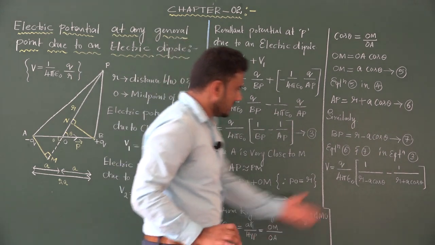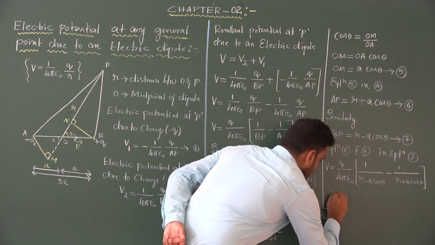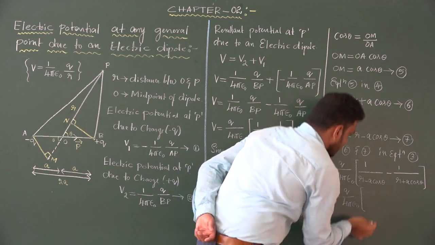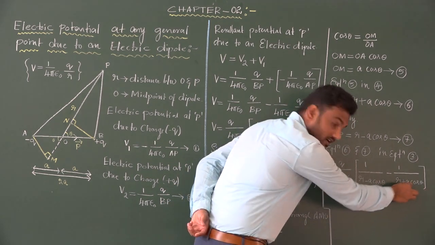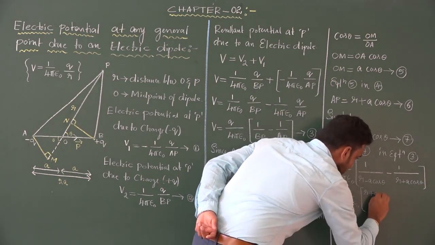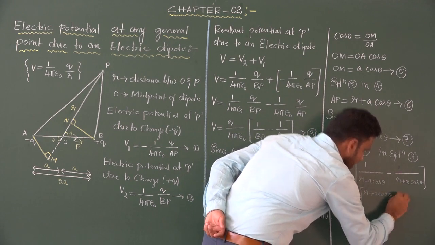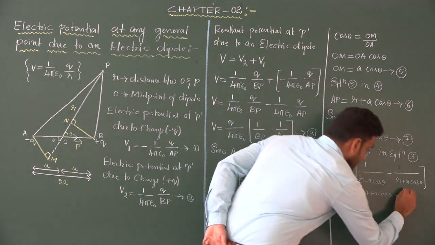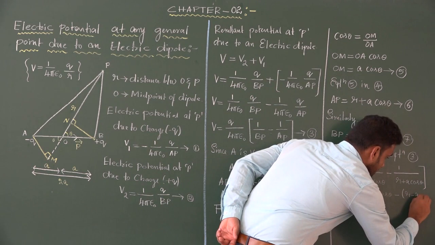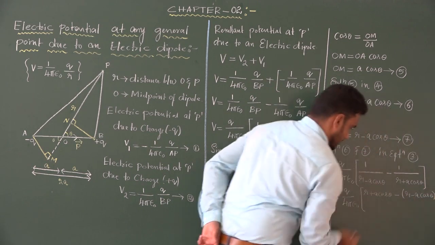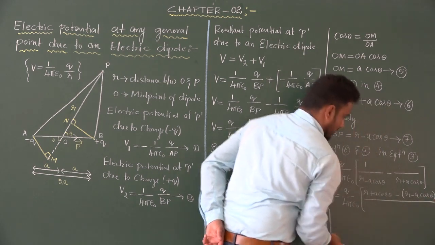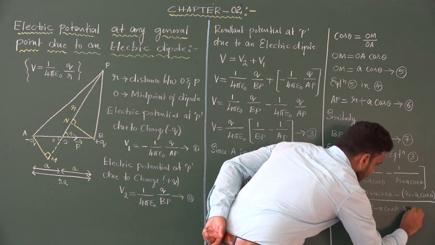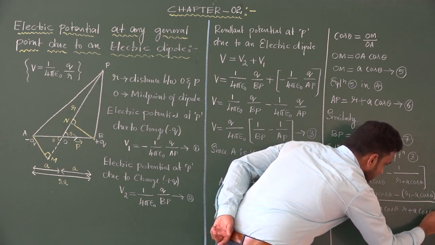Now again we have to solve by taking LCM. V is equal to Q divided by 4 pi epsilon naught, 1 into (R plus a cos theta) minus 1 into (R minus a cos theta), divided by (R minus a cos theta) into (R plus a cos theta).